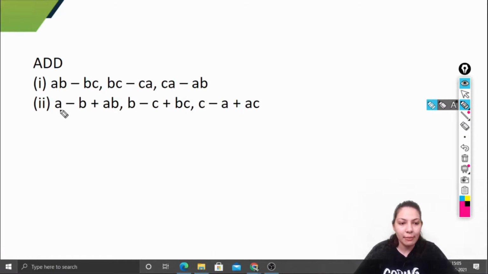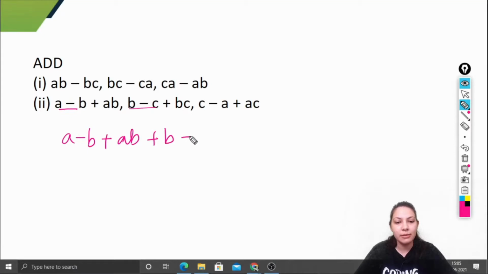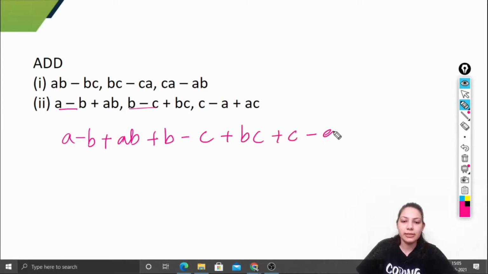So again, a minus b plus ab, plus b minus c plus bc, plus c minus a plus ac. So let us first arrange all the like terms. So you can say a and a.